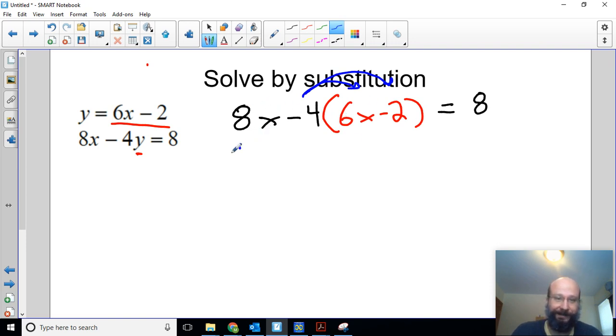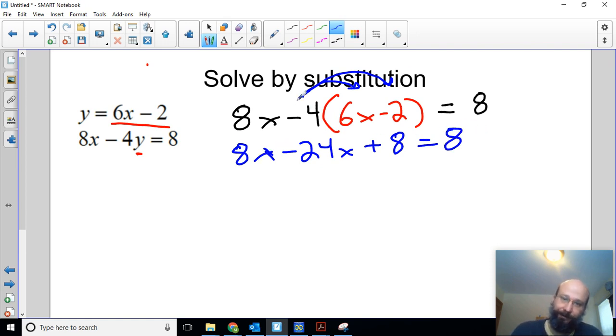So I have 8x. Negative 4 times 6x is negative 24x. And then negative 4 times negative 2 is positive 8. And then after the distributing, you're going to combine like terms. 8x minus 24x is negative 16x.